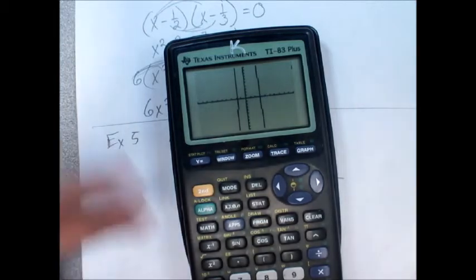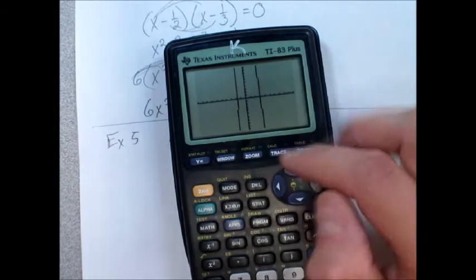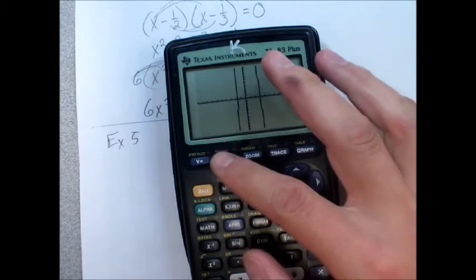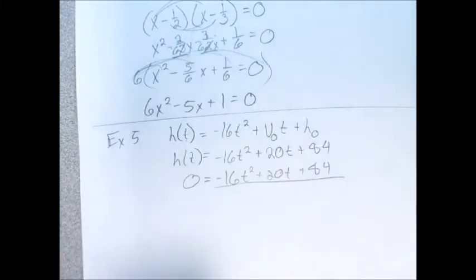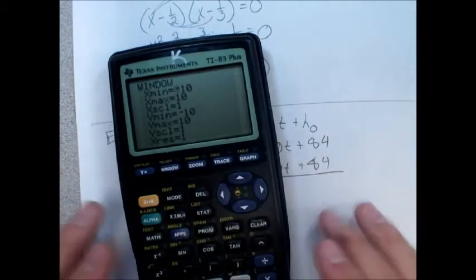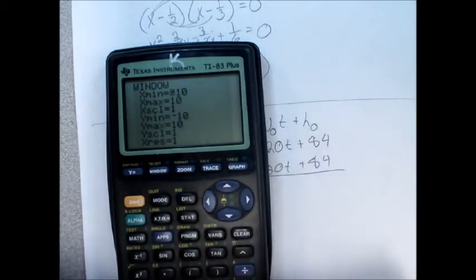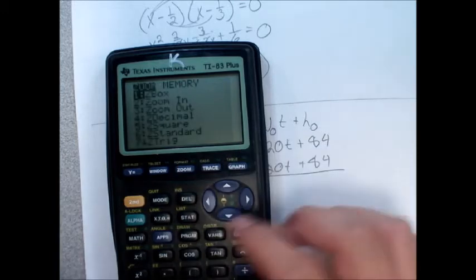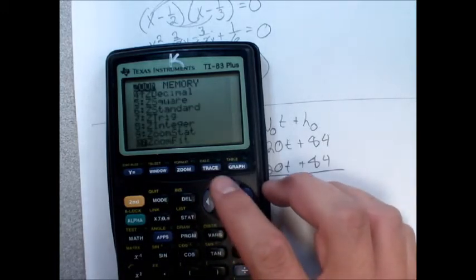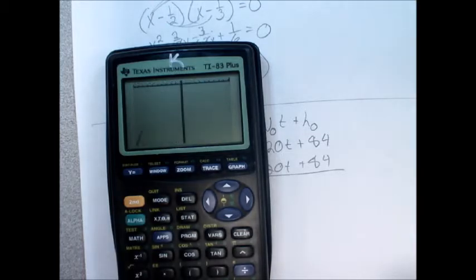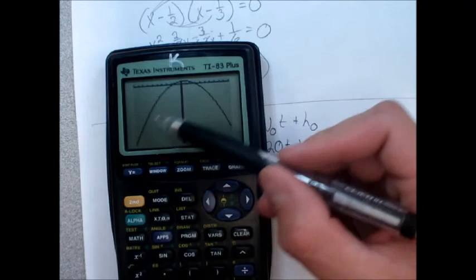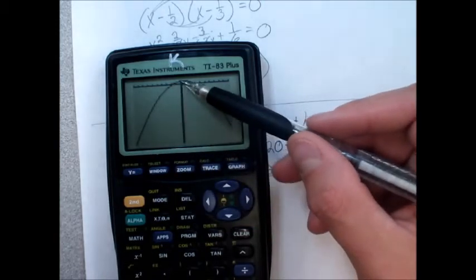I pressed graph, and my graph looks a little weird. I need to zoom out. If yours is good, then don't worry about it. Zoom fit will work. The only reason I don't like zoom fit is because it gave us a lot of the bottom, which is not important to me at all.